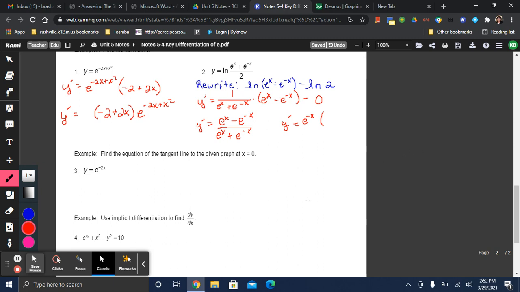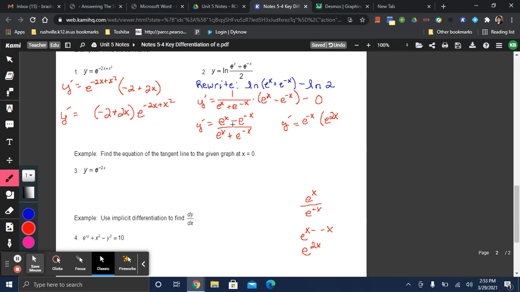If I would take e to the x and divide it by e to the negative x, that's what factoring is, then I would get e to the x minus negative x. And that becomes e to the 2x power. That is a calculation that's going to happen quite a bit. So this becomes e to the 2x.